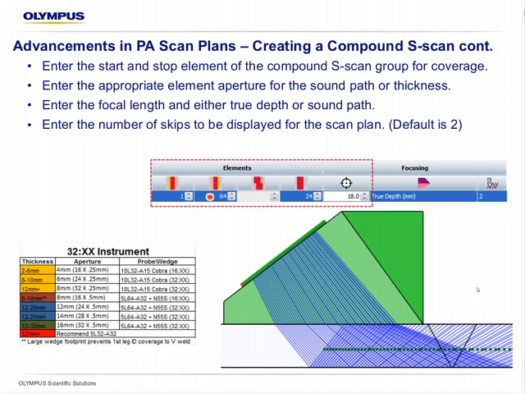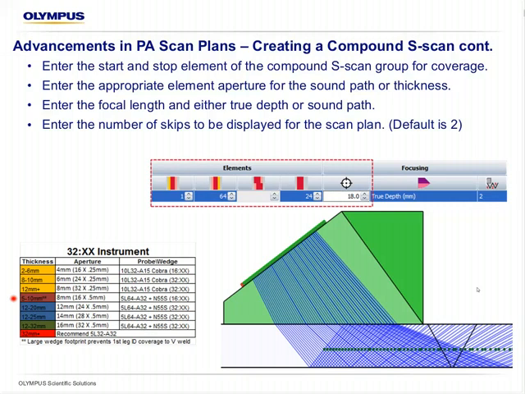The 32 or 64 element probes are most beneficial for the compound S-scan. There's not much benefit in a 16 element probe for this inspection strategy, because to benefit from it, you would have to reduce the aperture below 16 elements, which even for a thin weld isn't desirable in most cases.